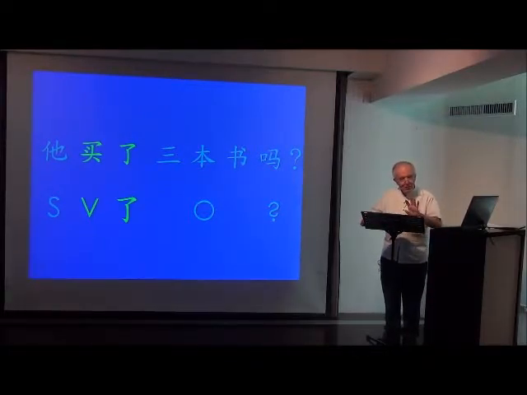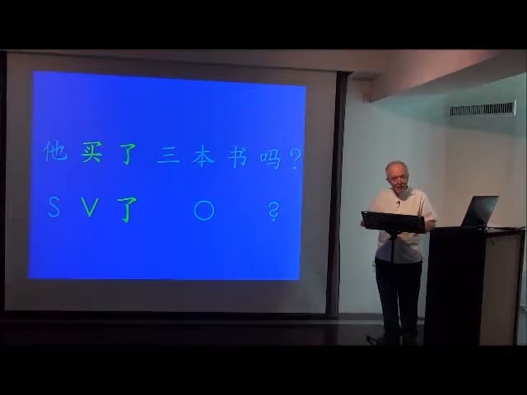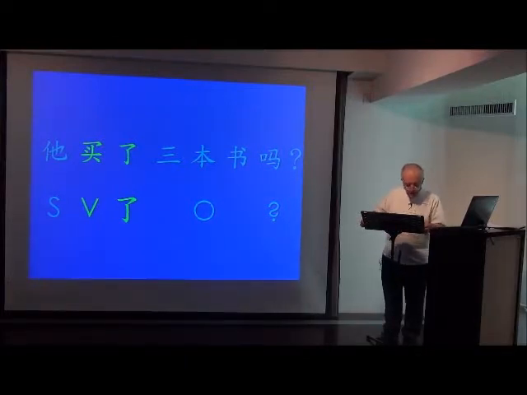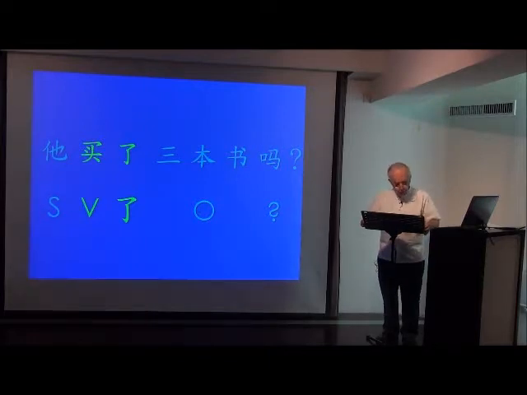And so the different aspects, we've already had progressive aspect, 在 plus verb, 他在吃饭. The completed aspect, using 了, and then in a few minutes we're going to look at the experiential aspect of 过.